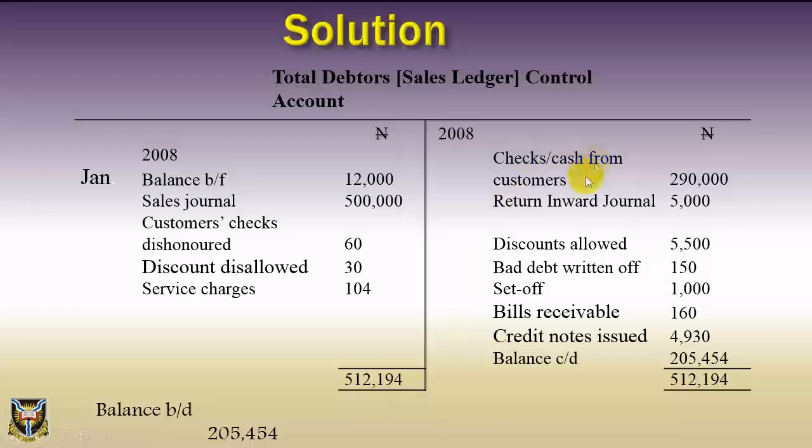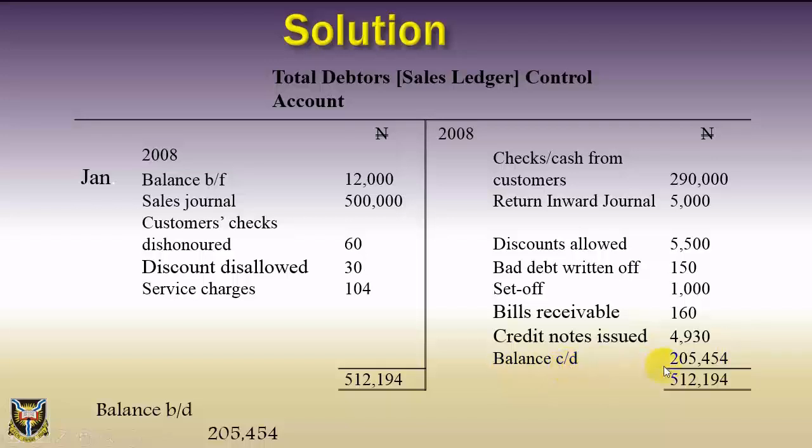Checks/cash from customers 290,000. Return inward journal 5,000. Discounts allowed 5,500. Bad debt written off 150. Set off 1,000. Bills receivable 160. Credit notes issued 4,930.